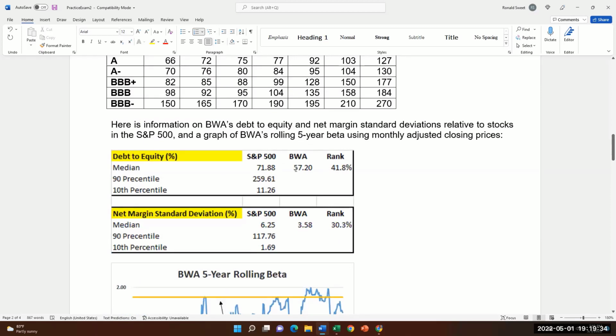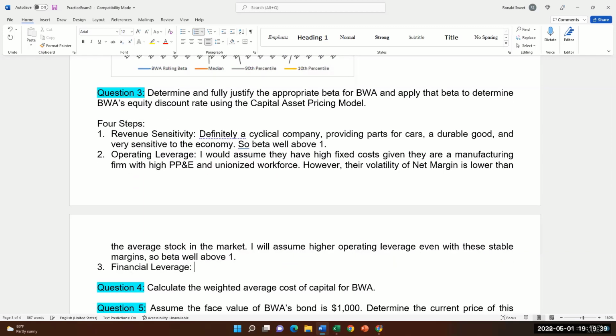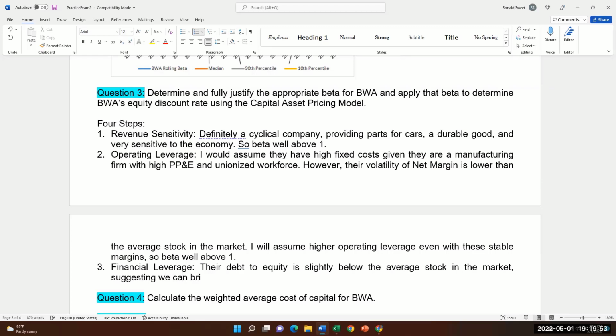Their debt to equity is 50%, which is slightly below the average stock in the market, suggesting we can bring beta down a little, but still well above 1. Some of you in your financial apps were much less wordy than this. I suggest you be a little more wordy, add extra words.